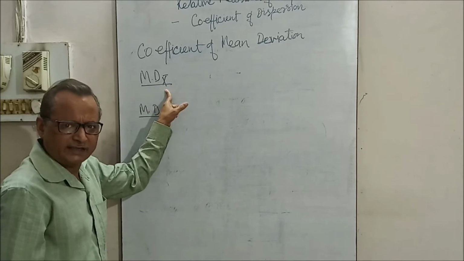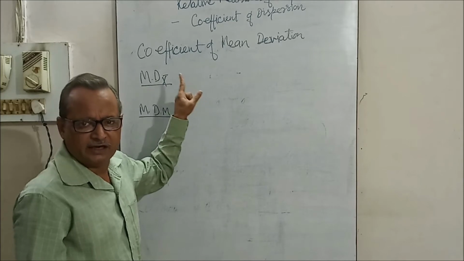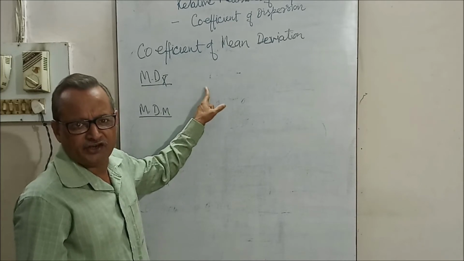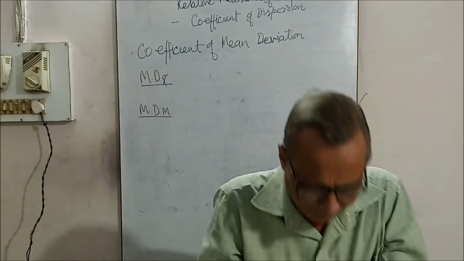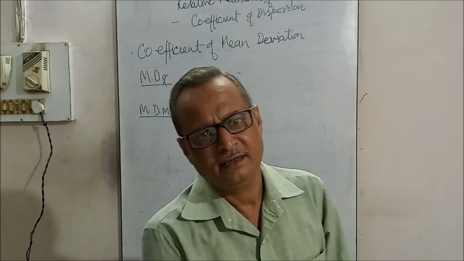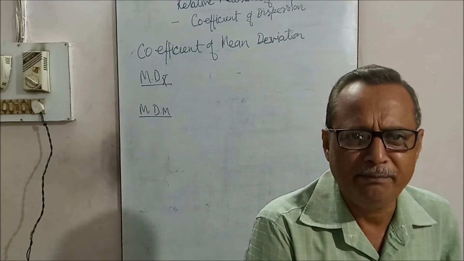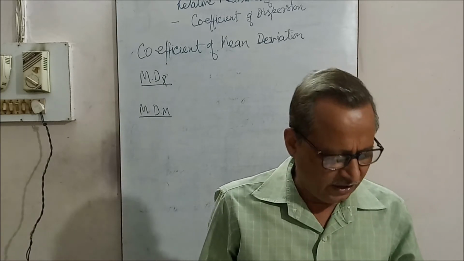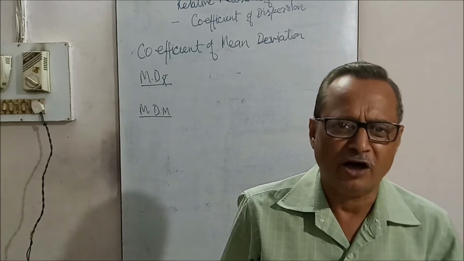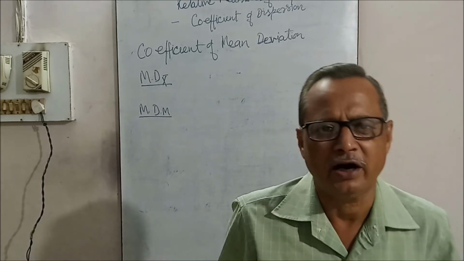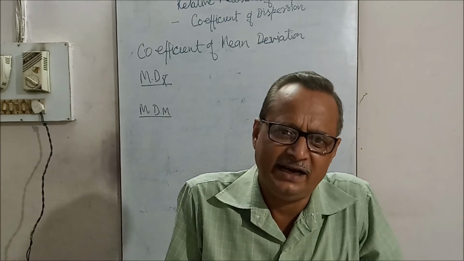In all series, individual, discrete and continuous, first of all you ascertain the mean deviation from the mean, calculated by the actual mean. First you ascertain the actual mean by using the formula of the arithmetic mean, in the individual, discrete and continuous series.